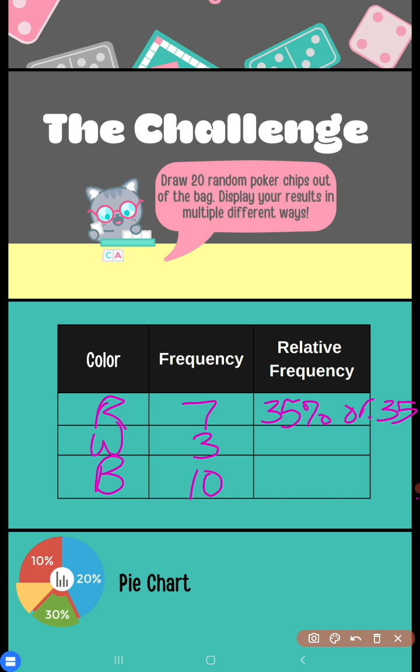Let me highlight my point there. If I pulled 3 white chips, 3 out of 20 is 15%, or you could list that as 0.15. If I pulled 10 blue chips, that's half, so 50% or 0.50. And there you have a relative frequency table.